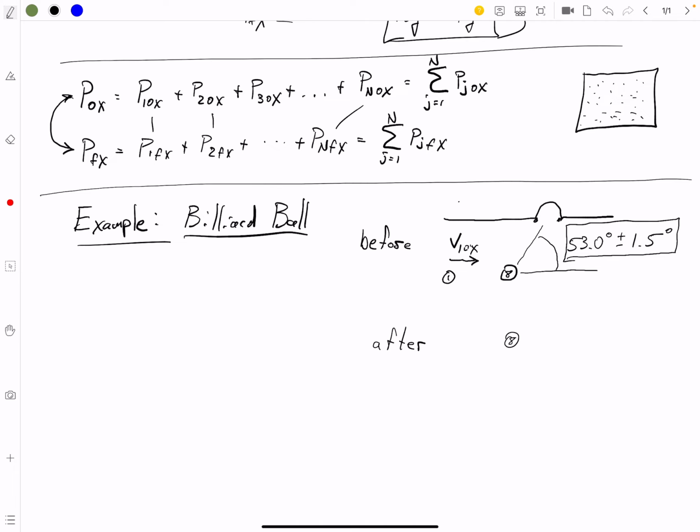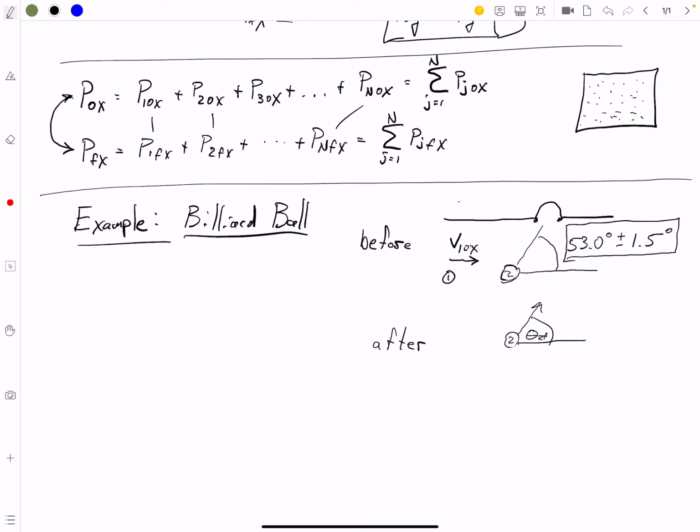And instead of the 8 ball, I don't like using 8s. So let's call that a number 2. Okay, so that's our number 2. We're going to, this number 2, I don't know what the angle is going to be, but it's going to be theta 2 final.